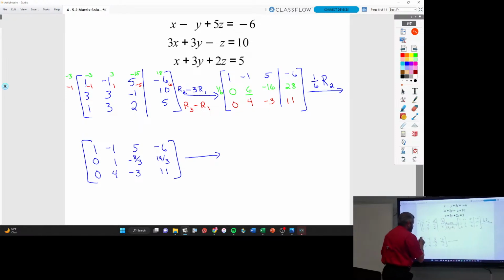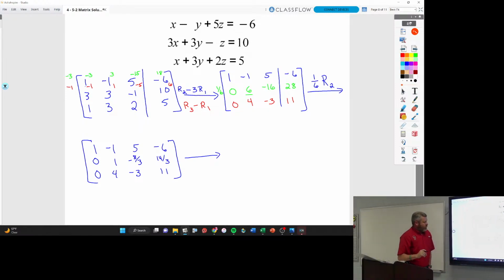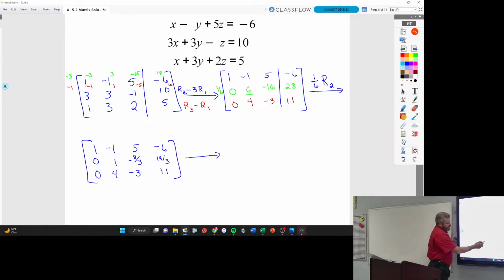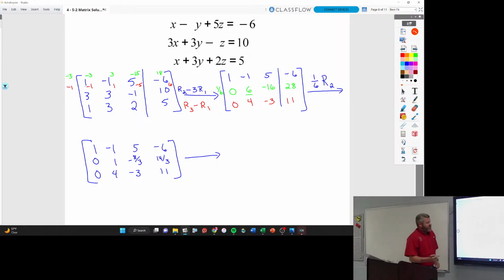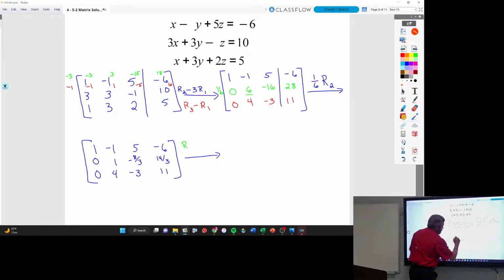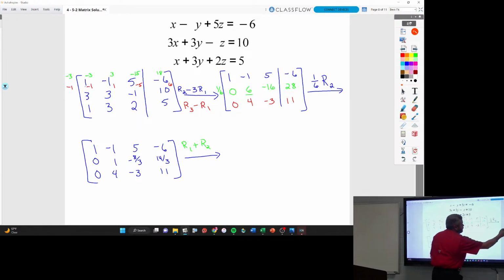Well, if you'll notice, if I combine row 1 and row 2 just like they are, that negative 1 in row 1 will be gone. So I don't have to do anything special with row 2 to fix row 1. So I'm just going to take row 1 and add to it row 2.